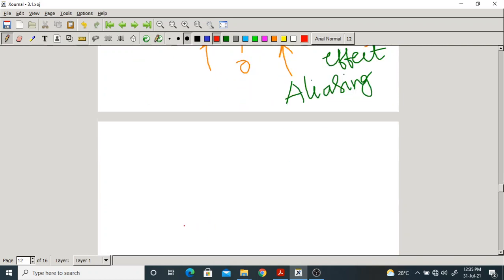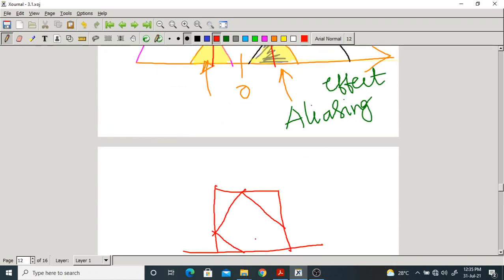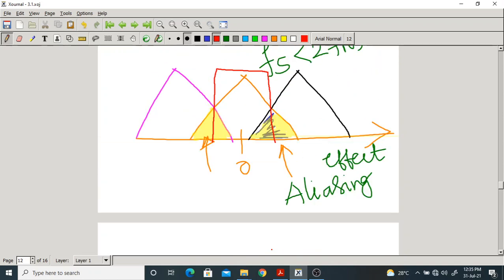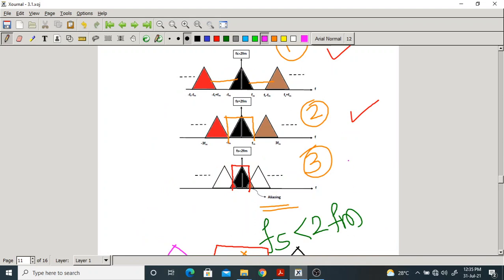You get something like this. You get this portion. That is not m of f, that is a distorted version of m of f. Obviously, in the third case, reconstruction is not possible.